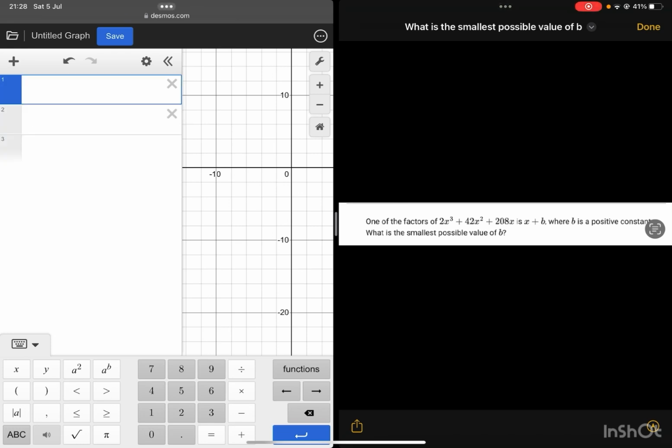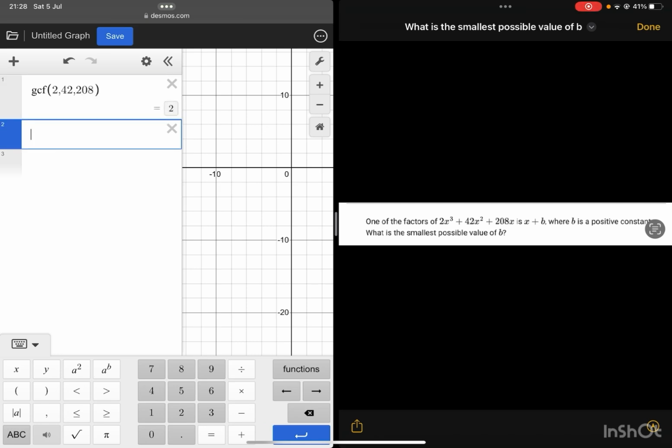So we're gonna find the greatest common factor of 2, 42, and 208. In Desmos, GCF, which stands for greatest common factor, of 2, 42, and 208 is 2.